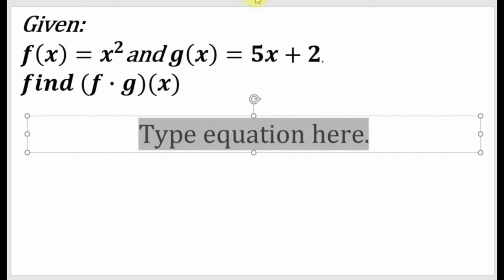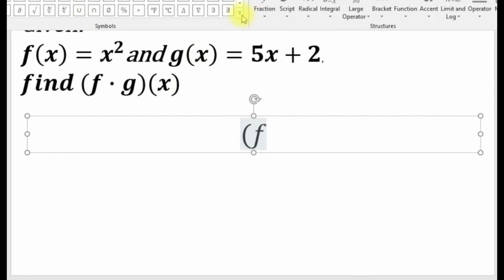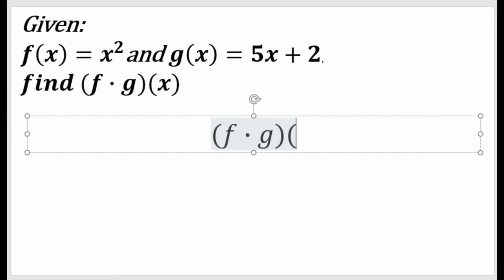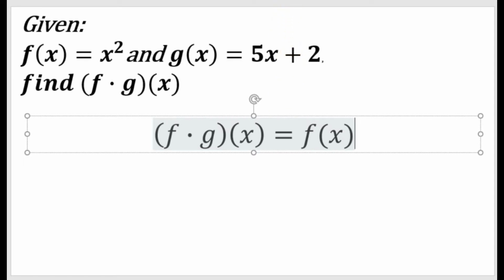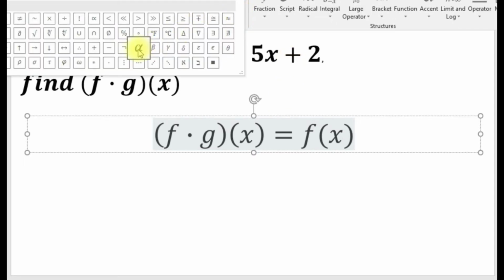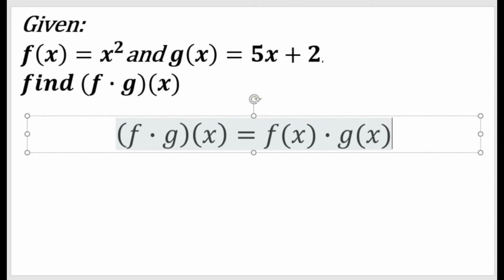That is f dot g of x is equal to f of x dot g of x, or f of x times g of x.